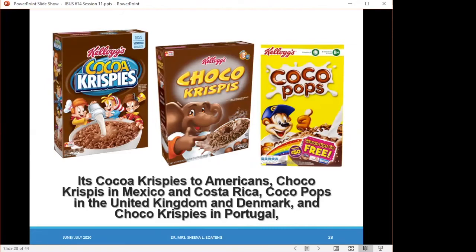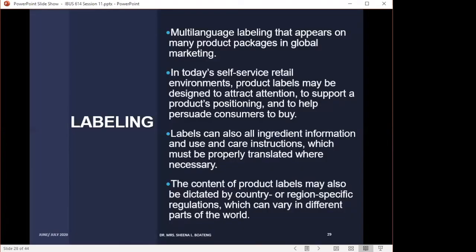So these are typical examples of adaptation, right? Even though the taste may essentially be the same, the one in the US is designed in the shape of Krispies, whereas the one in Ghana is a larger shape and size, right? So this is another example of adaptation in terms of packaging, even though the contents are largely the same.